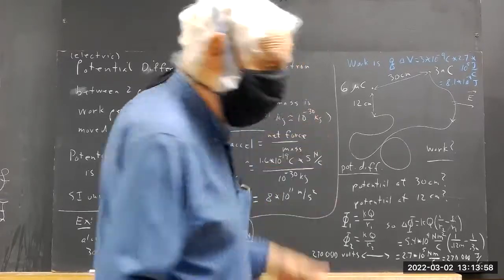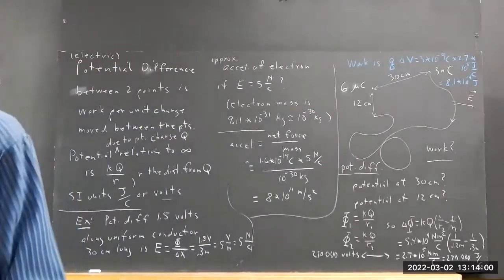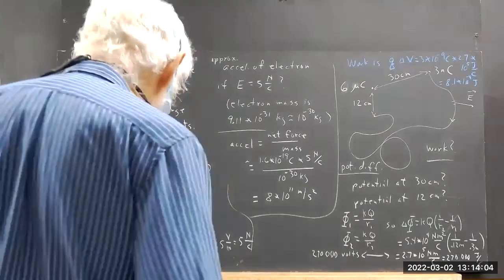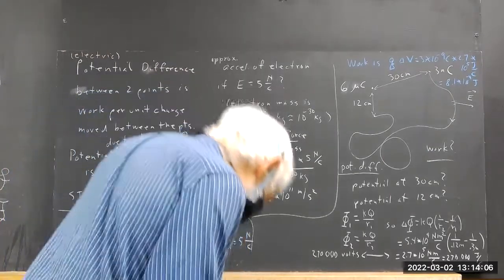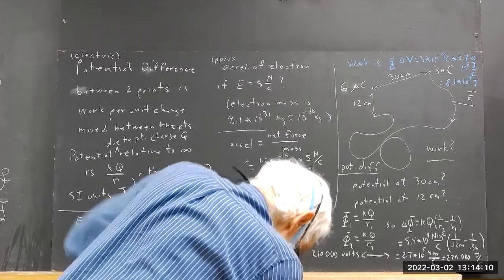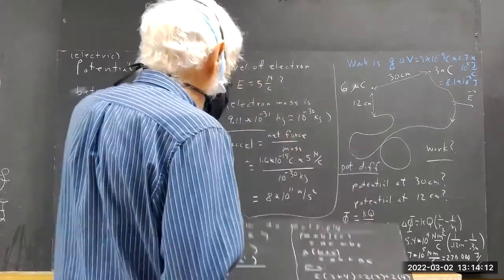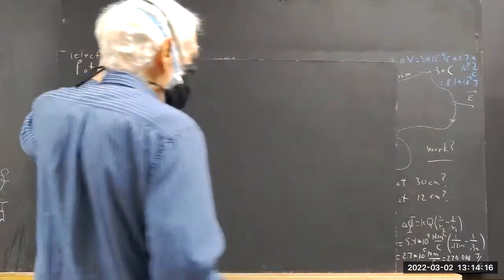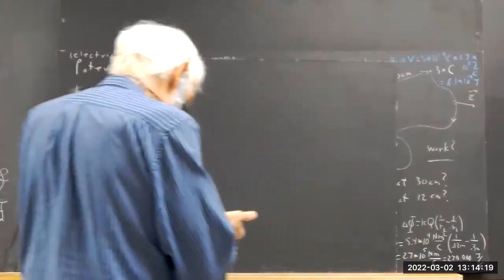Okay, well, one example. Now, next question: what if we have a whole bunch of charges? I'm going to do this symbolically because it's a simple idea. And if you do it for one charge, you can do it for another.